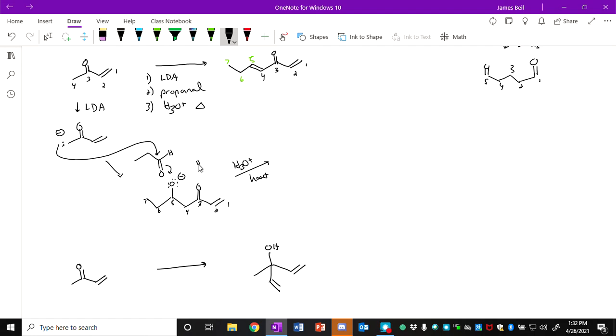So the H3O plus would donate a proton to this oxygen. Then that oxygen is still partial negative. It would pick up another proton from a different H3O plus to make a water leaving group.